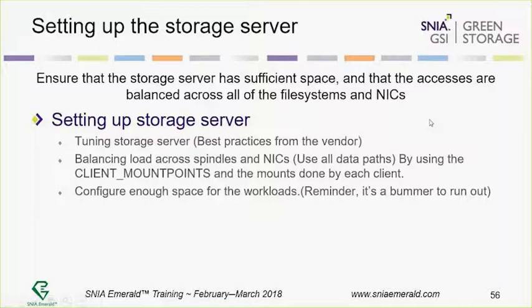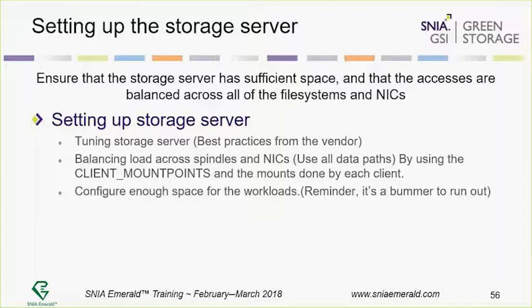The next thing you need to do is, in general, make sure that as the load scales up, it generates traffic across all of the various network interfaces and all of the spindles, or SSDs, or whatever you've got in the storage system.